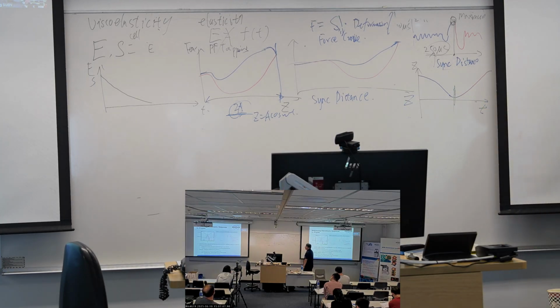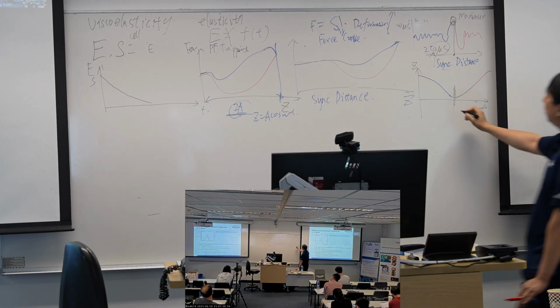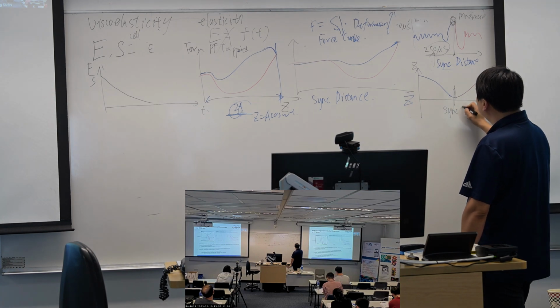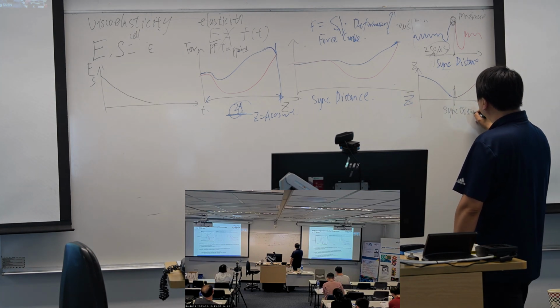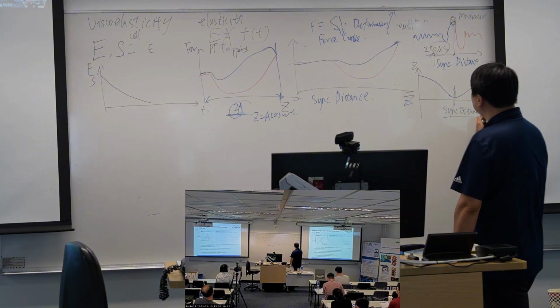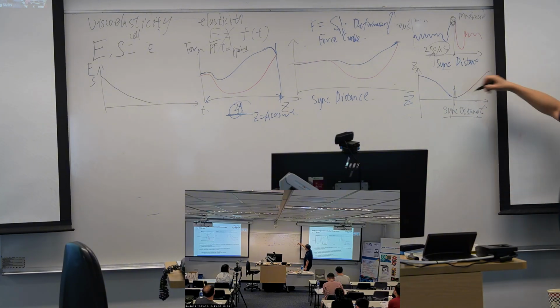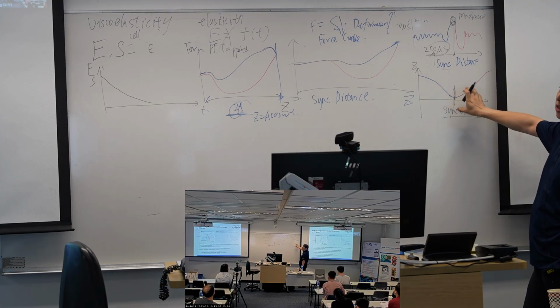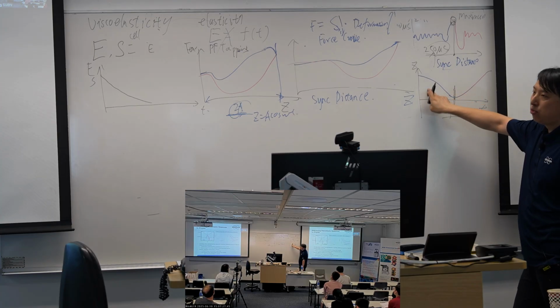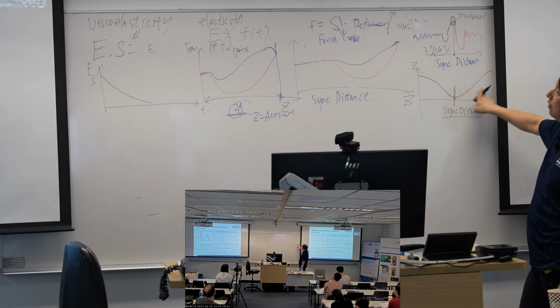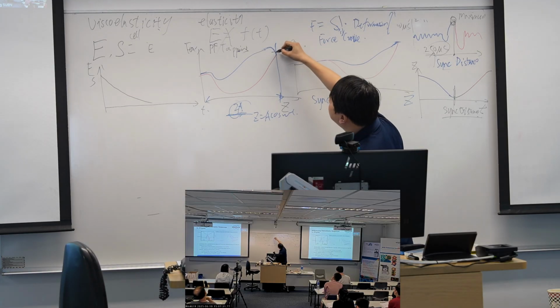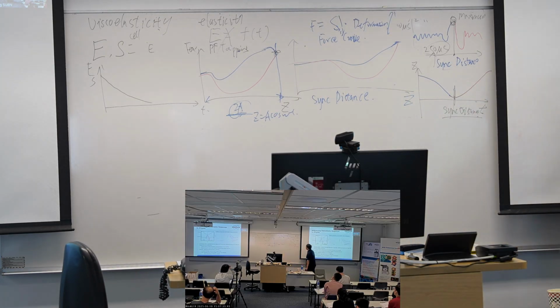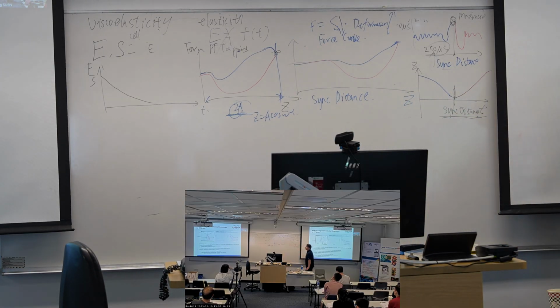So the sink distance by definition is the time point I reach the lowest point, and then I change the direction of the Z movement from approach to retract. That means this point. That's my sink distance, the precise meaning of my sink distance.